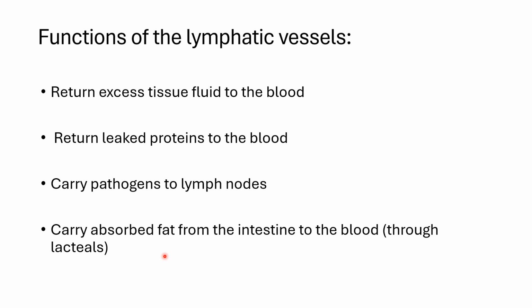That molecule cannot directly enter the capillary. So there are special lymphatic channels in the intestines which are known as lacteals. Lact is from white, because this is whitish in color, milkish. The fat molecules enter the lacteals, and then these lacteals take them back to the blood.